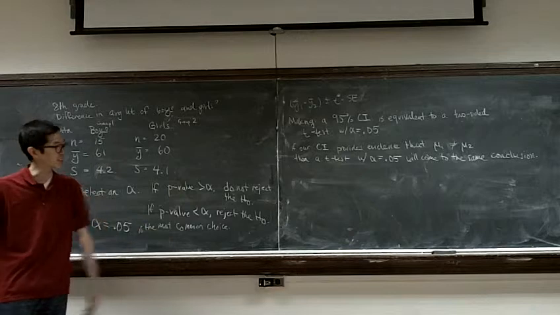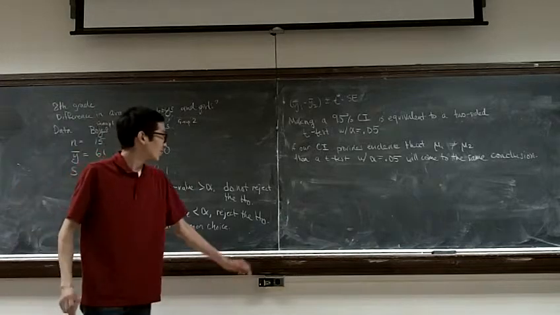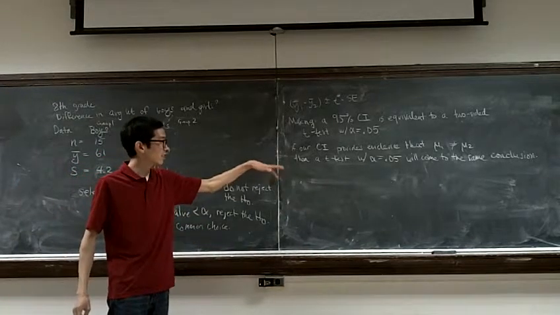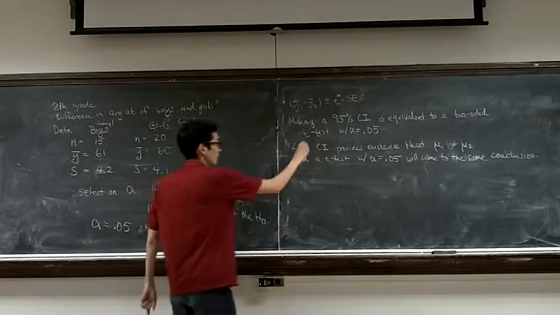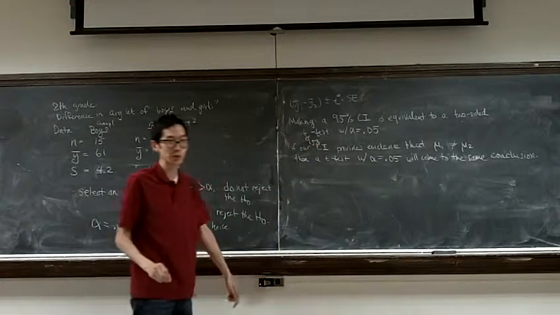This is an epic statement after all, so we're making a grand speech. If our 95% confidence interval provides evidence that mu1 and mu2 are different, then our t-test will come to the same conclusion.